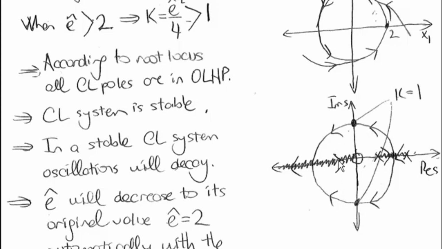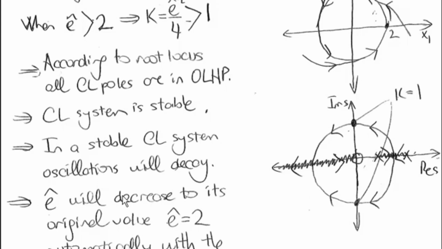And negative real parts means that the oscillations corresponding to these complex closed loop poles will be decaying, which means that E hat is going to get smaller in that case. So decaying means the amplitude of the oscillations will actually get smaller. Therefore E hat will be decreasing due to the dynamics of the system.